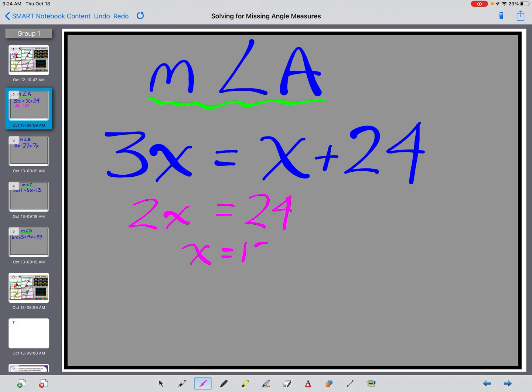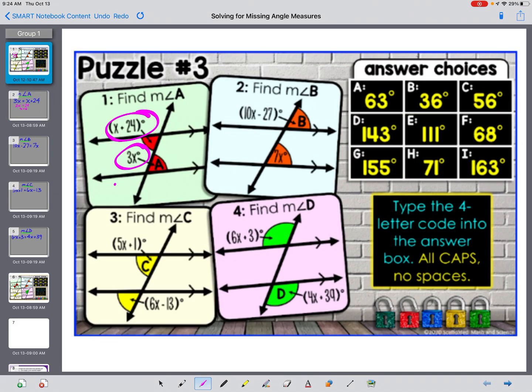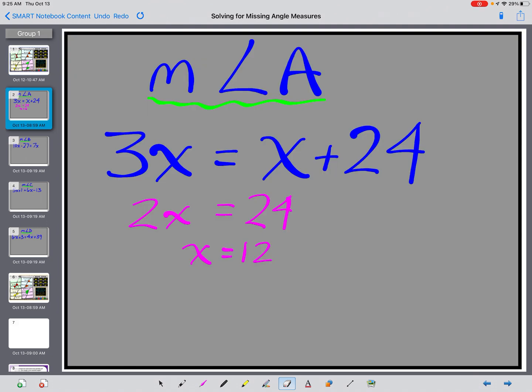We solve for x, it's 12. Then we got to go plug that back in for either one of these expressions. Preferably we'll just go with 3x, that's going to be the easiest. So 3 times 12 is what we have there. And so 36, the angle measurement for A would be 36 degrees.